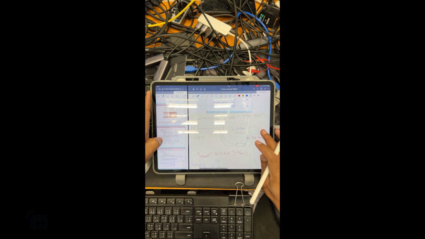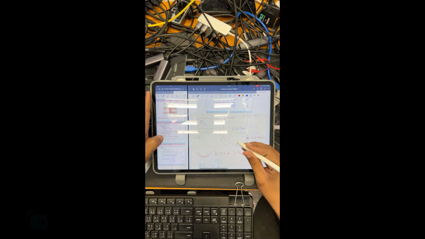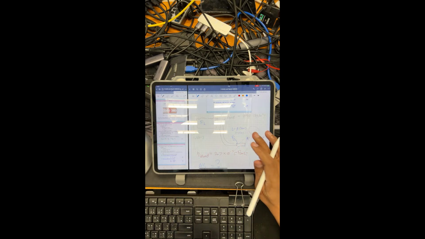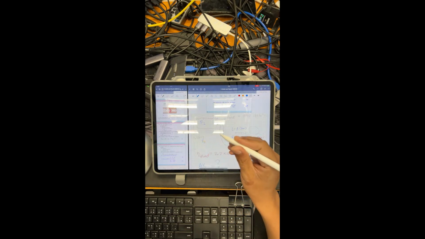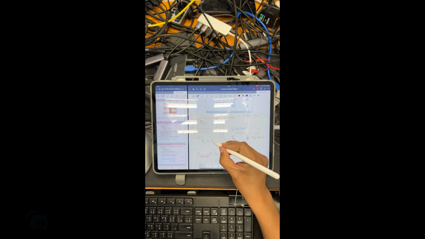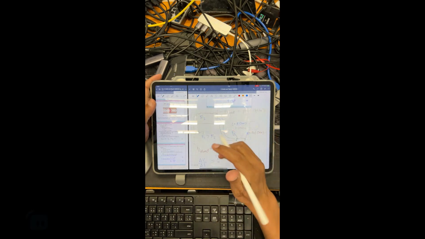And what else? P1 and P2. Here we have pressure P1, and here we have pressure P2. What is the relationship between P1 and P2? We know that the fluid flows from this one to this location. It means P1 is greater than P2.